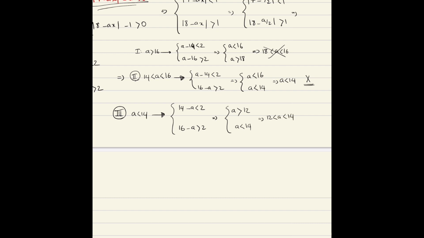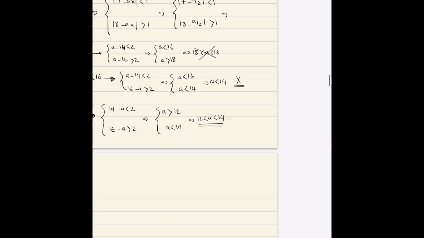So a's would be in between 12 and 14. Initially we did have a's less than 14, so the a's would be in between 12 and 14, and the only integer in between these two values is a equal to 13.